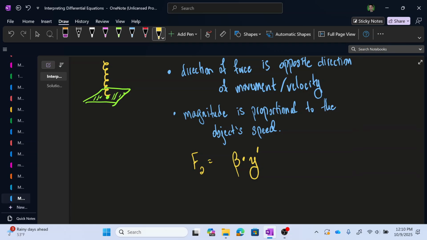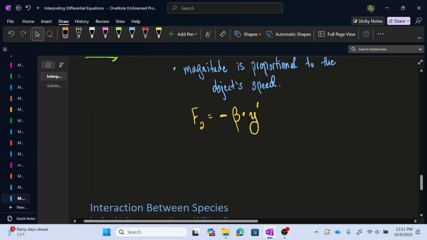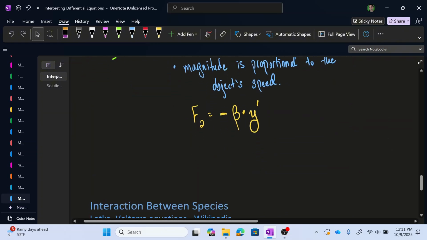Beta times the first derivative of the object's position. And then to capture the fact that the direction of force is opposite the direction of velocity, I'll apply a minus sign in this expression.